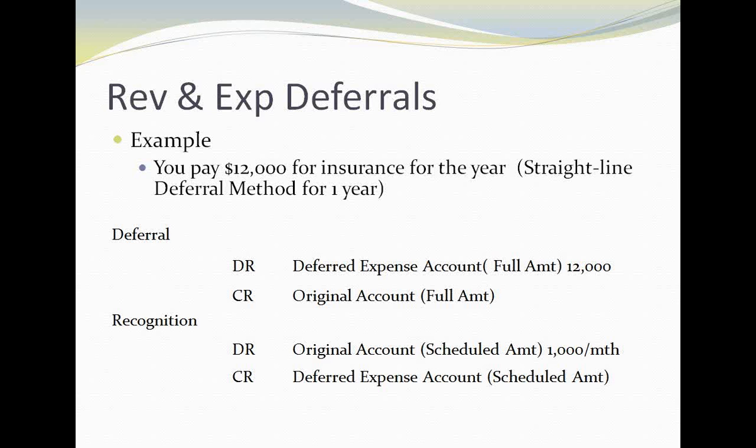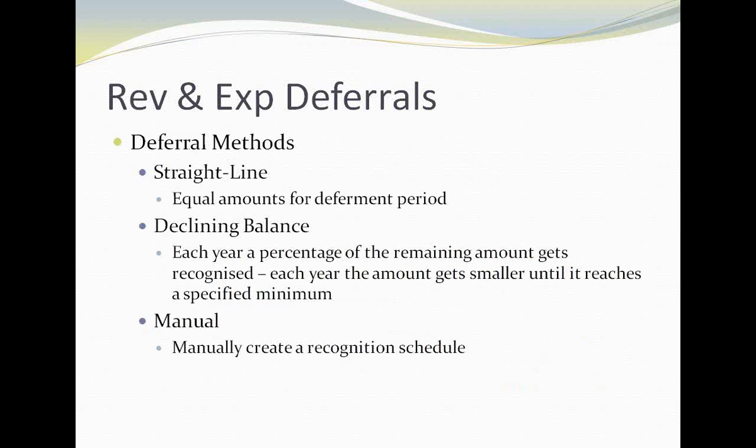As I mentioned, these transactions must be posted in the GL, so they will affect the original account initially. Upon recognition, you will then credit the deferred expense account and debit back to the original account. And as we get into the features, I'll explain that you actually have an option of not having it go back to the original account.